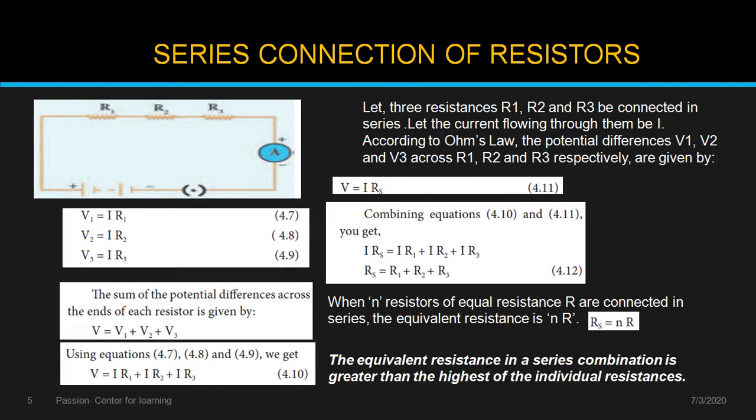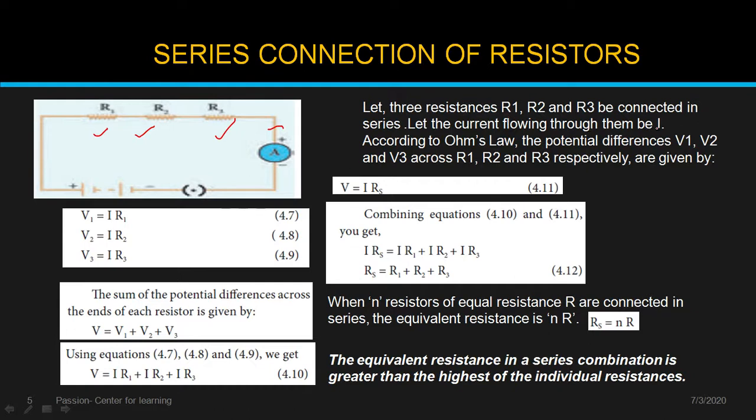Now, how do we derive the series connection of resistance? You can see here R1, R2, R3 connected in series, connected to positive and negative terminals, with a key and an ammeter. Let three resistances R1, R2, R3 be connected in series.